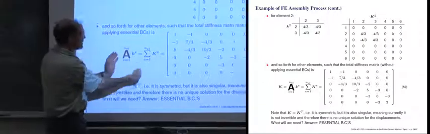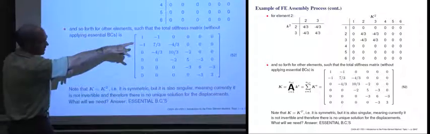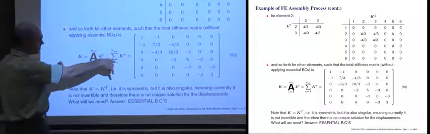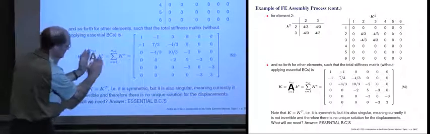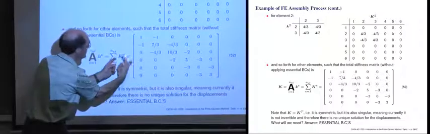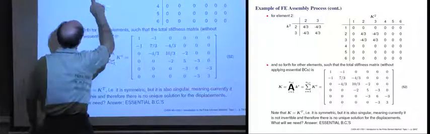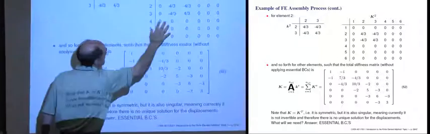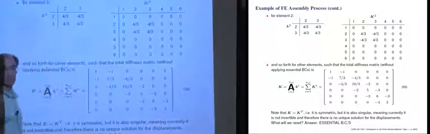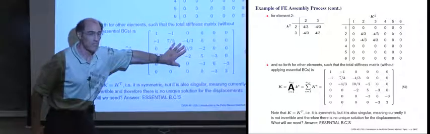The point being that this sort of nebulous assembly operation gets converted to a summation. We know how to do summation with these capital Ke's instead of these lowercase ke's. And the capital Ke's are basically the lowercase ke put into the global location. And then you just add them all up, and you get this large system K.